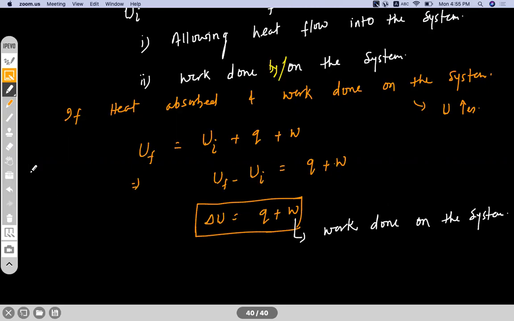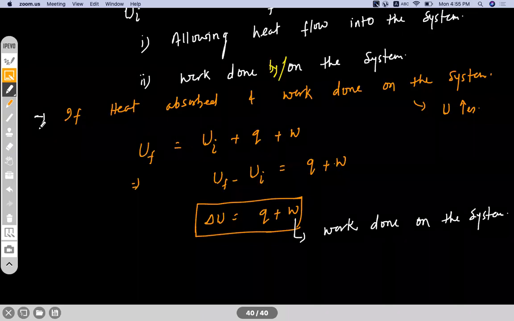Now we can also have the possibility that heat is absorbed and work is done by the system, the system is doing work. Okay, copy this down first.